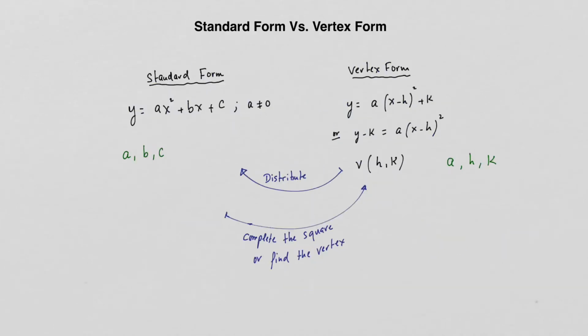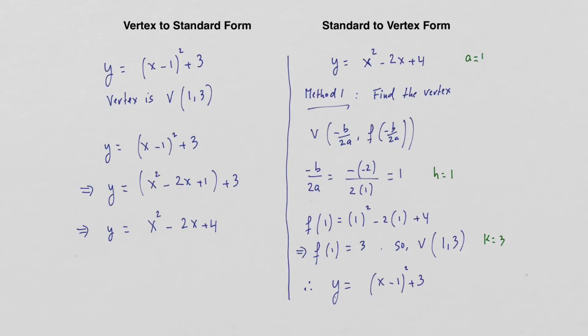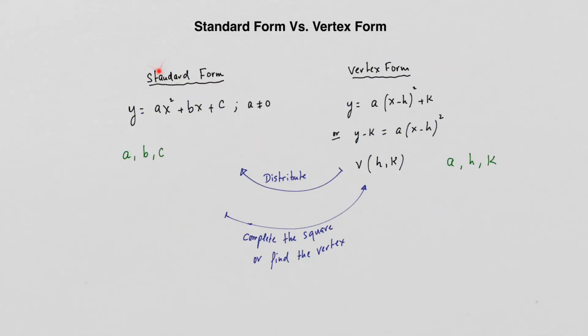And therefore, I know my 3 numbers, A, H, K. I can just plug them in. That's A. X minus H, and H is 1, plus K, which is 3. Done. And so I was able to go from here to here. Basically go backwards by using find a vertex.